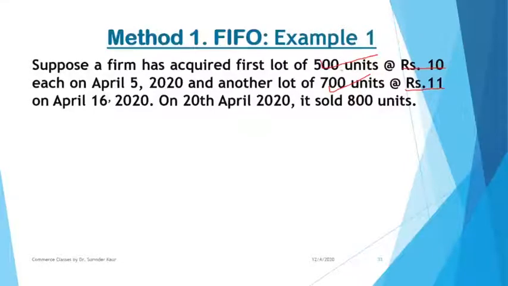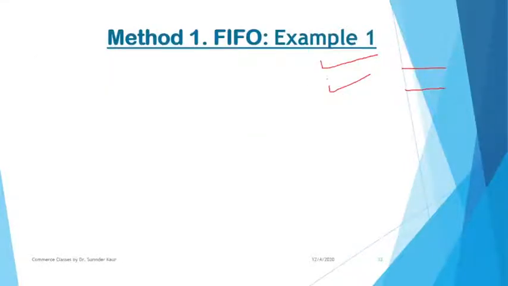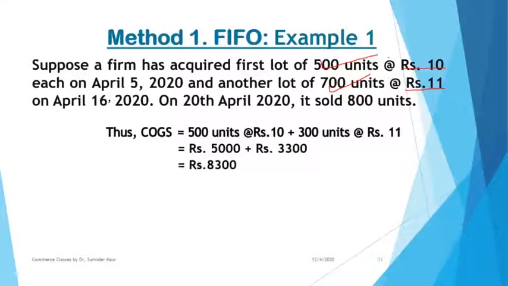Now, this is the flow of these stocks. That is, you have 500 units at 10 and then 700 at 11. So this is first and the 700 unit lot is second. So your sale is say 800 units. So if you are selling 800 units, then it should be from the initial lots. When you look at initial lots, your first lot is of 500.